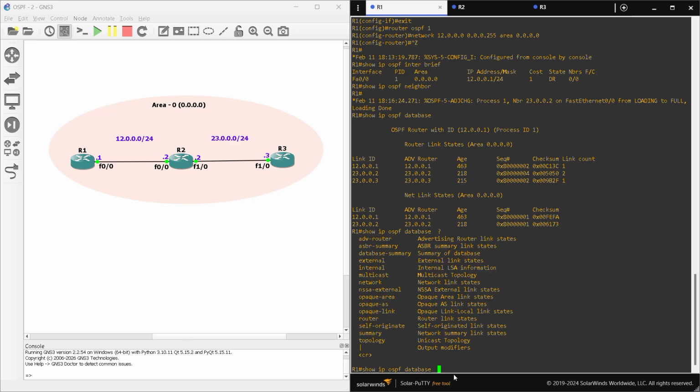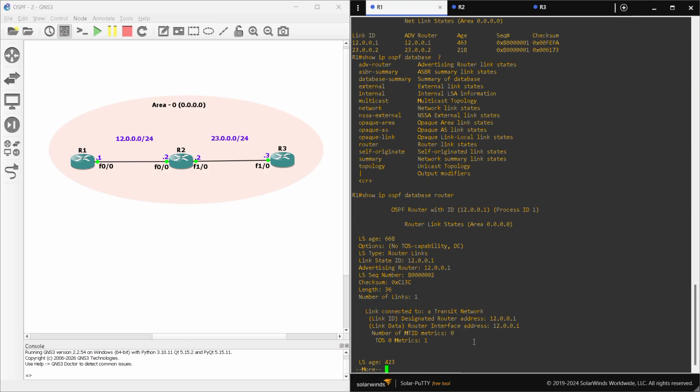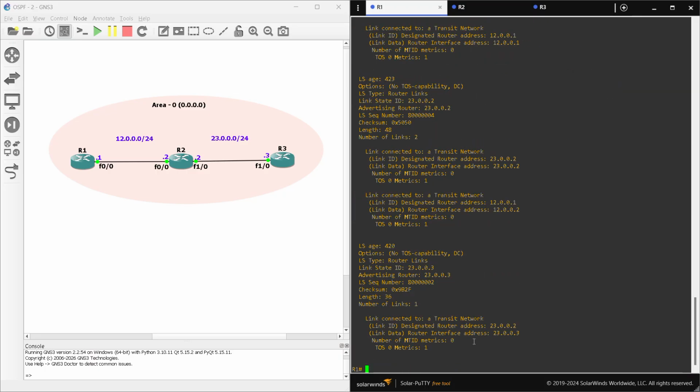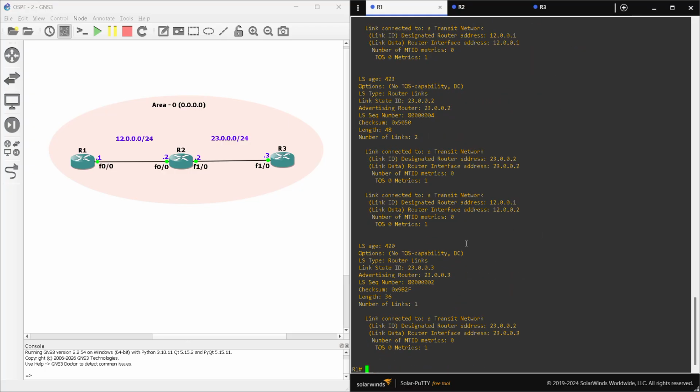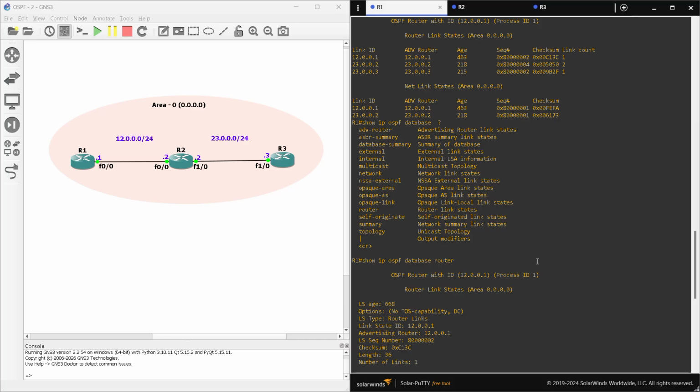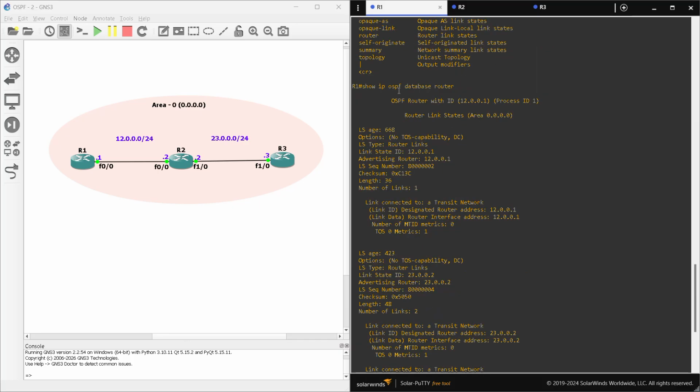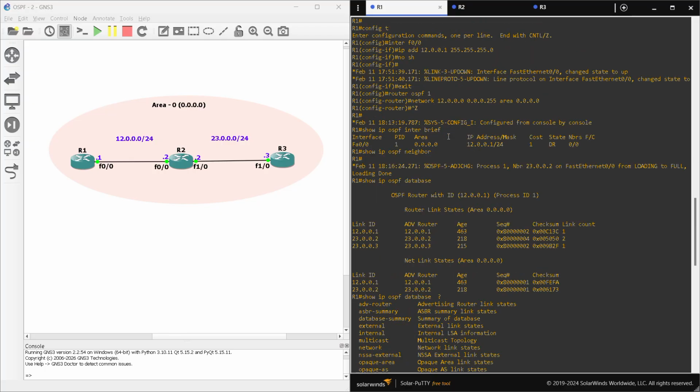Let's take an example of router one. As you can see, it is giving me detailed information, but we won't go into this. These are for senior-level things, so let's stick with what we have.